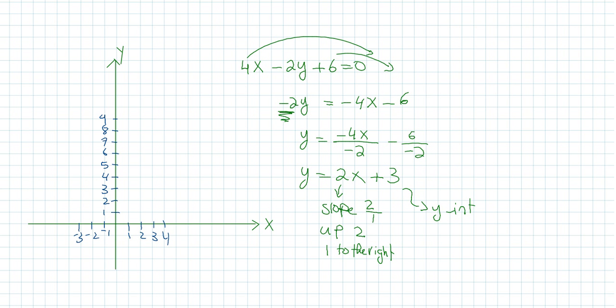I start at 3 because this is where my y-intercept is. Okay? So y-intercept at 3. And then where do I go from there? Up 2 over 1. So up 2, so that's 1, 2 over 1. So this is where I have to end up. Yes? So up 1, 2 over 1.